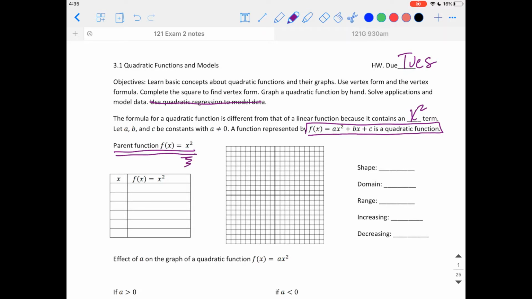So if I wanted to graph a couple of points here by hand, I want to make sure that I graph the vertex. So -2, wherever I see an x, I'm going to substitute a -2 and I'm going to square it.